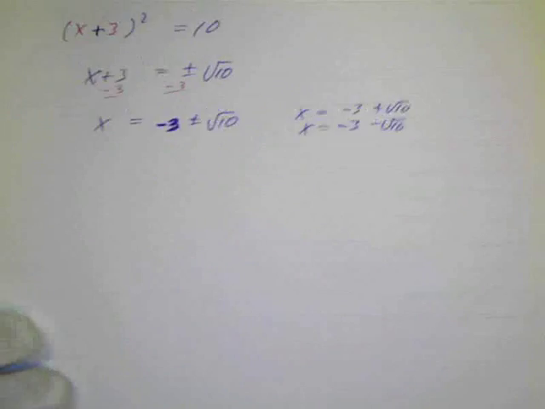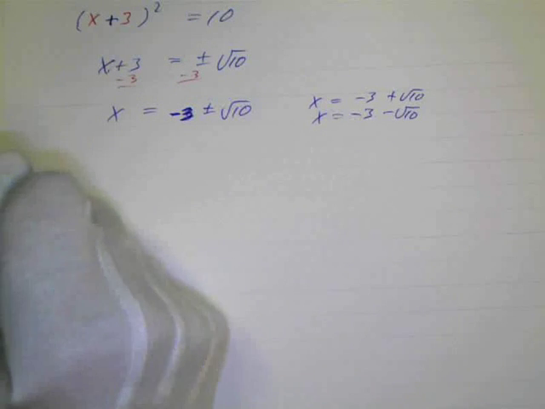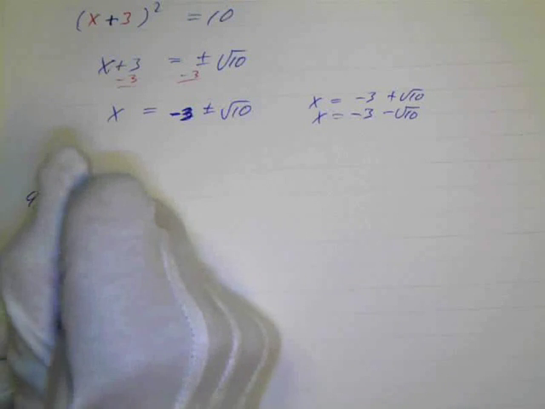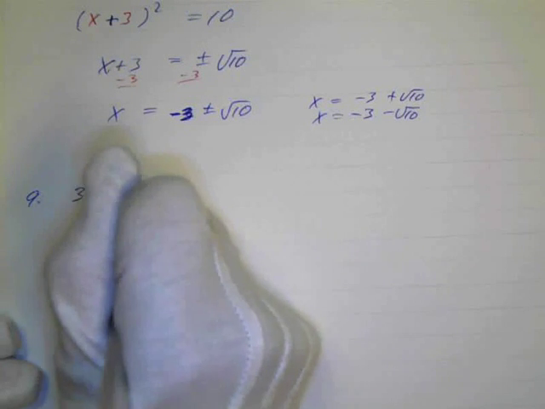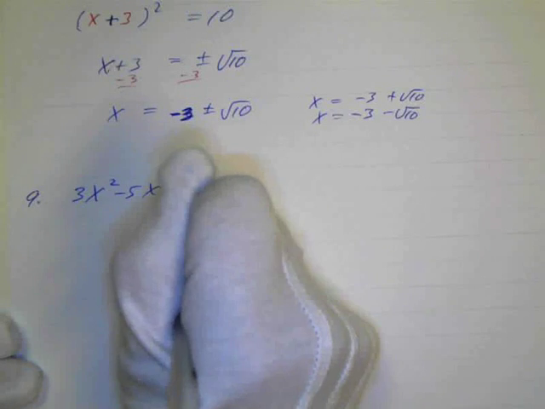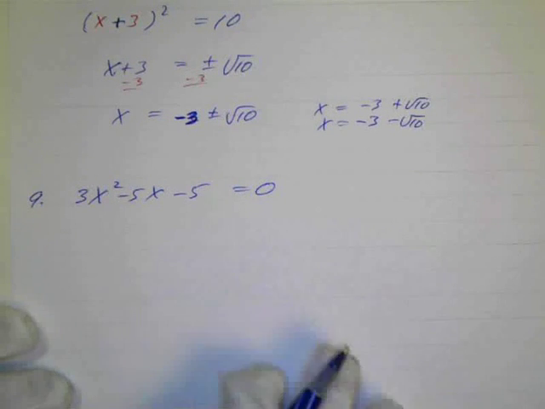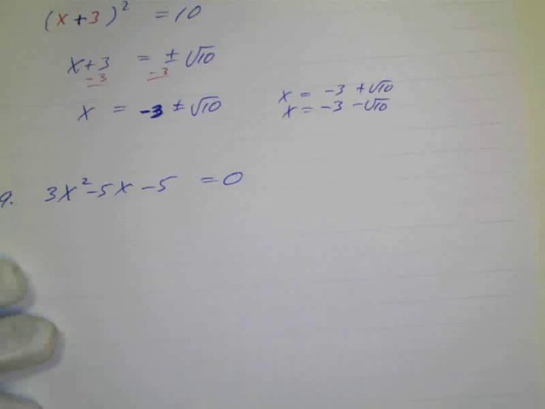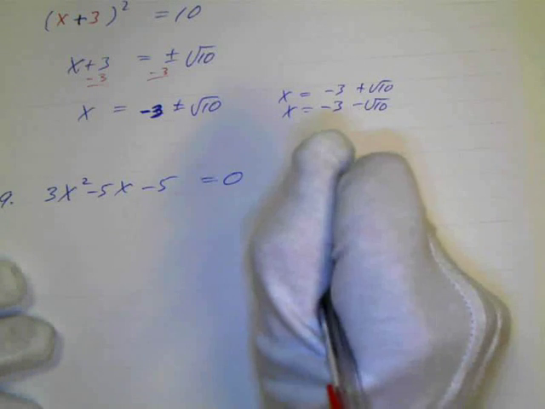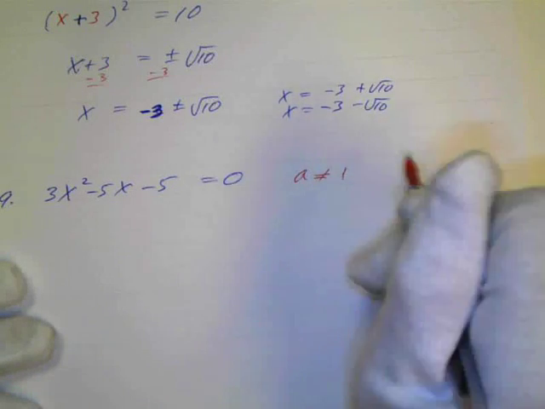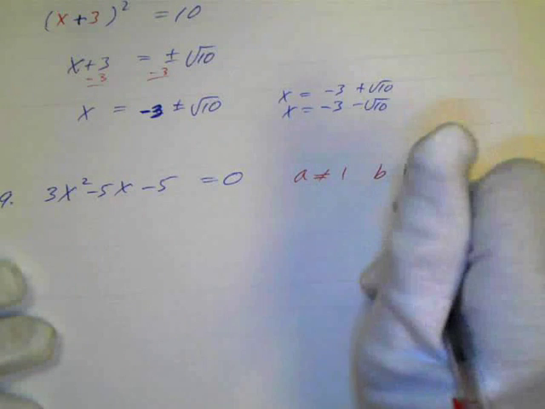All right, and then our last example here. 3x squared minus 5x minus 5 equals 0, another quadratic equation, and we know for this form, a is not equal to 1. It's equal to 3, so a is not equal to 1, and b is not even.